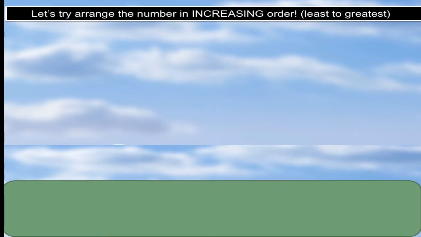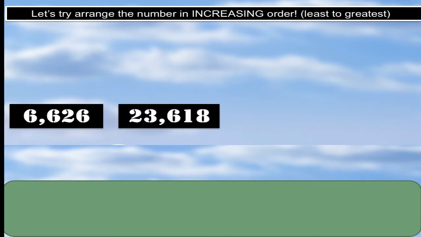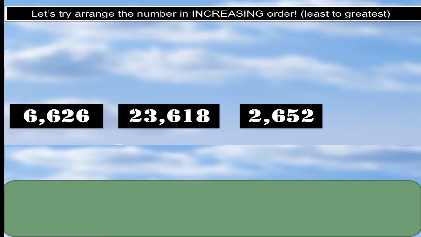Let's try to arrange these numbers in increasing order from least to greatest. So we have here 6,626, 23,618, 2,652, and 6,934.